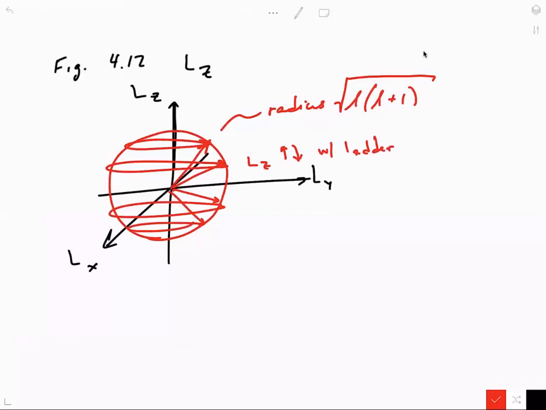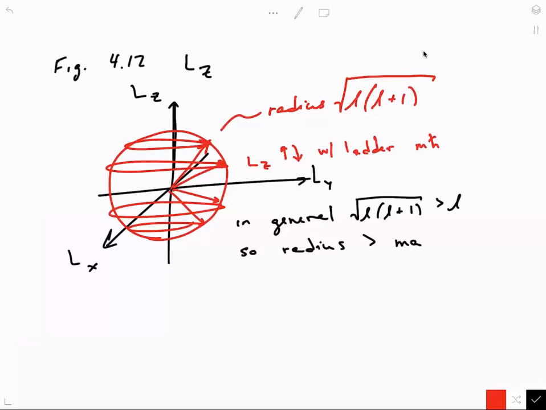That has to do with those eigenvalues that are h bar times m. In general, the square root of L times quantity L plus 1 is usually greater than L. So the radius of the sphere is usually greater than the max L_z, and we never get perfectly along this L_z axis with our ladder operators.